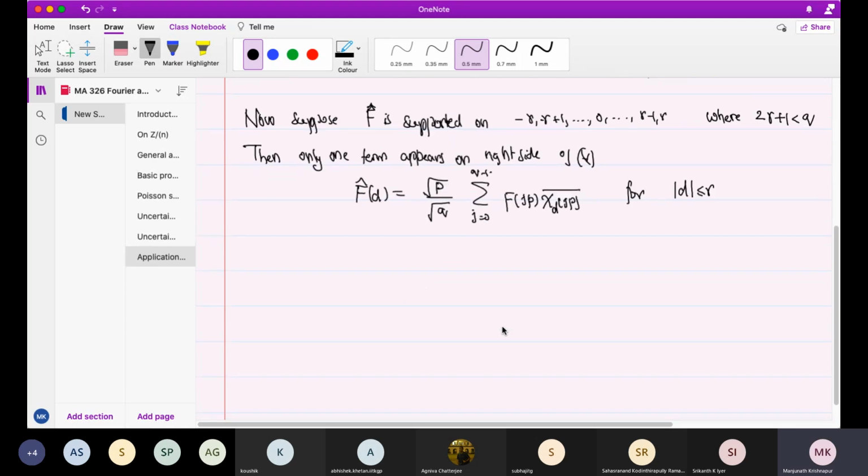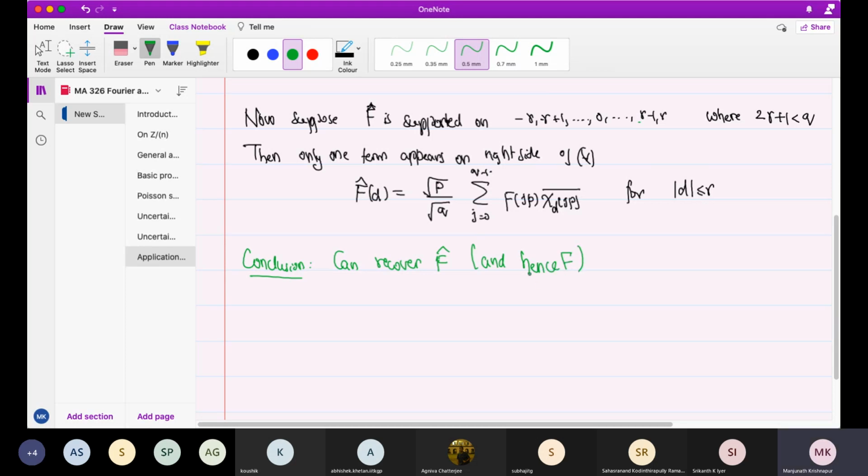Okay, so what is the conclusion of this? It's a very funny one. It means that you can recover f hat. See, f hat is only supported on these points. So if I get f hat of d for d between this and this, I can recover f hat, and hence f.